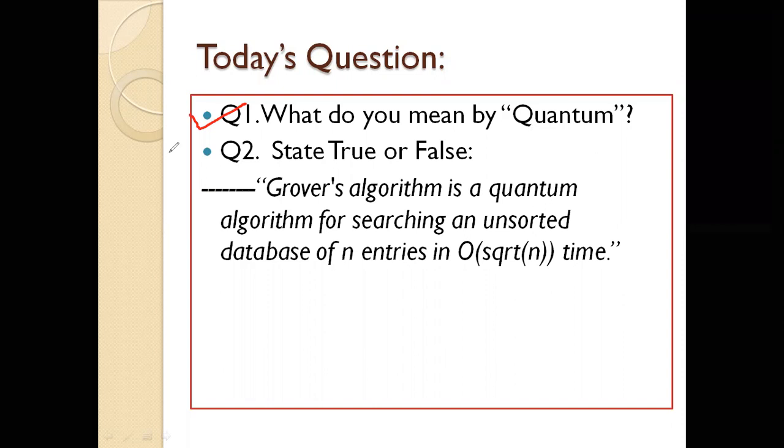Then second, you need to state either true or false. The statement is: Grover's algorithm is a quantum algorithm for searching an unsorted database of n entries in big O of square root of n time. You need to say true or false. So do comment the answer and I'll check them, no doubt.